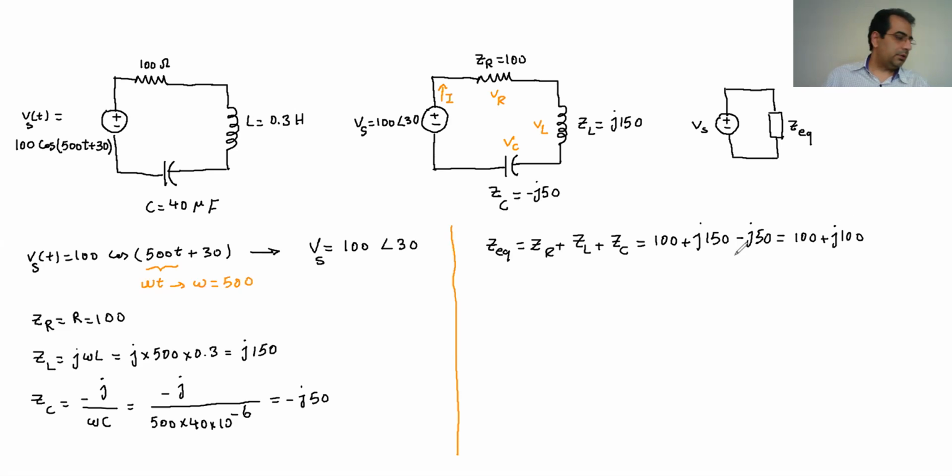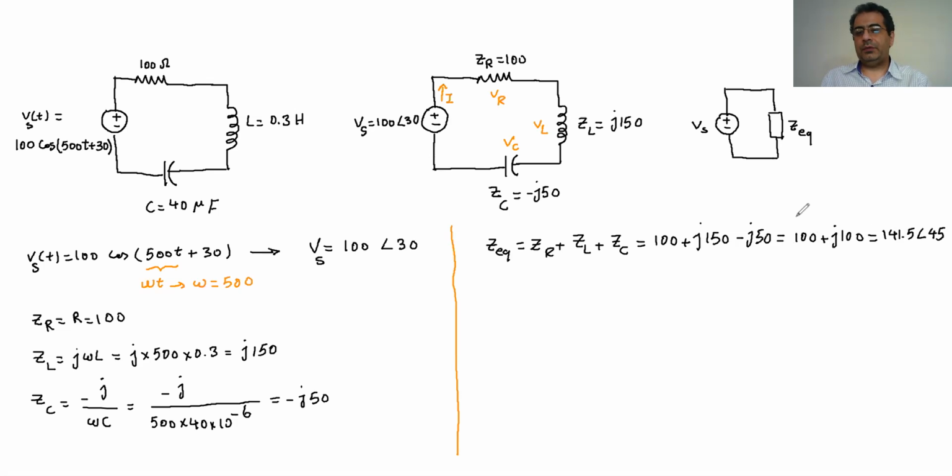So add all the real parts together, add all the imaginary parts together, and you can write that in polar. So in rectangular to polar format it is 141.5 with an angle of 45. Remember again, to convert from this one to that one, you can use any of the equations we used in the complex number lecture, going from rectangular to polar or vice versa.